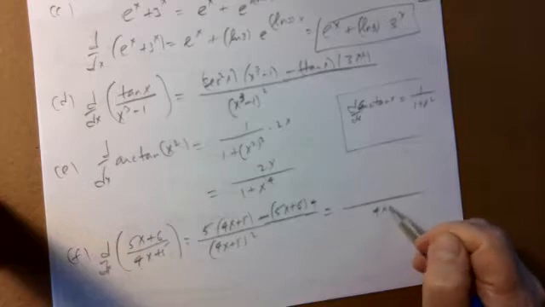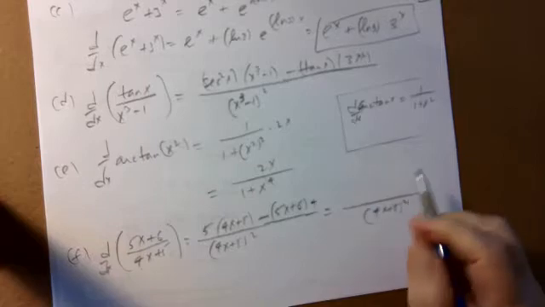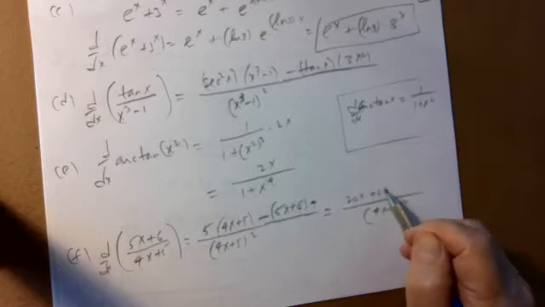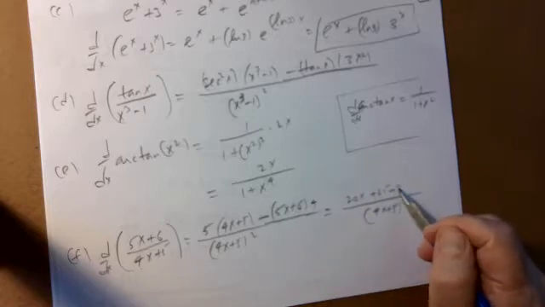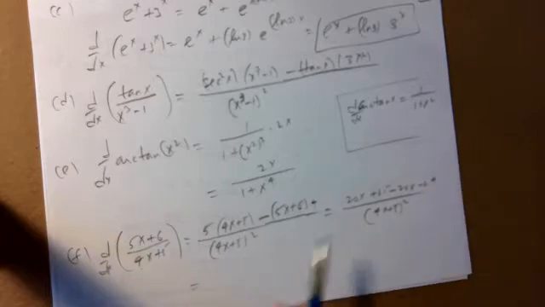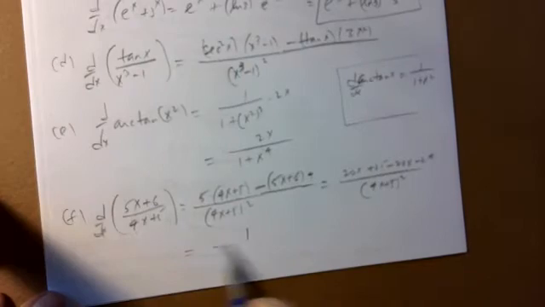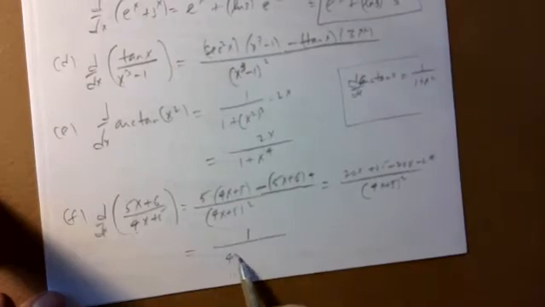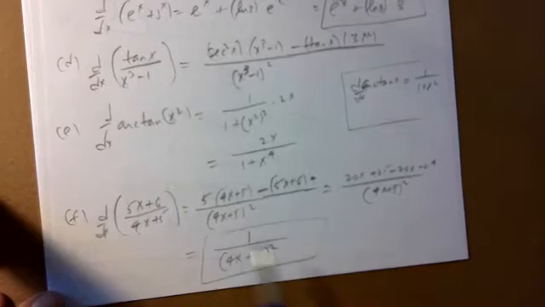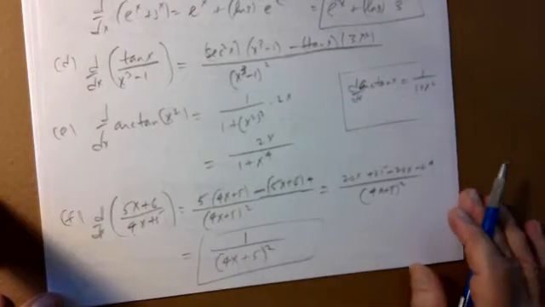So we have 4x plus 5 squared in the denominator. This is 20x plus 25 minus 20x minus 24. So we get 1 over 4x plus 5 squared.